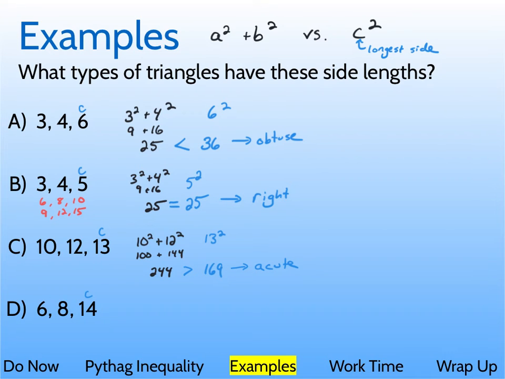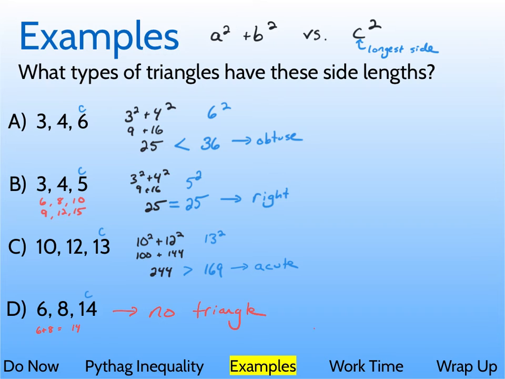Oh, no. There's an issue here. You know what the issue is? It came up in that Desmos assignment yesterday. 6 plus 8 equals 14. So if you have a side of 6, a side of 8, and a side of 14, you can't make a triangle. No matter what, it's not going to work.